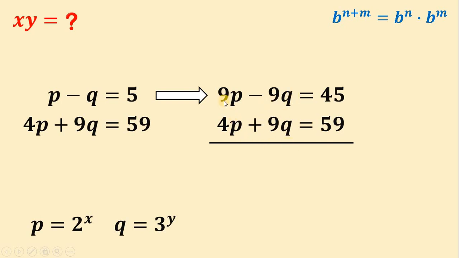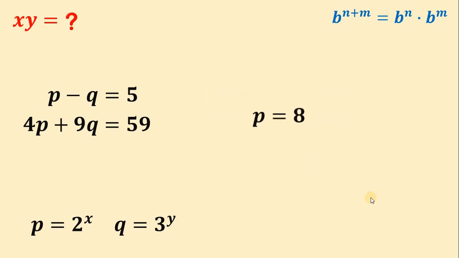So this will give us 9p + 4p, which is 13p, equals 45 + 59, and this is 104. Now, to solve for the value of p, let's divide both sides by 13. And now, 104 over 13 is simply 8. So, we get the value of p, which is 8.